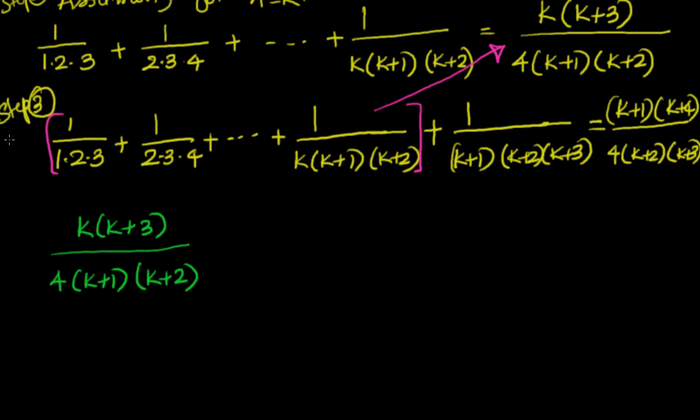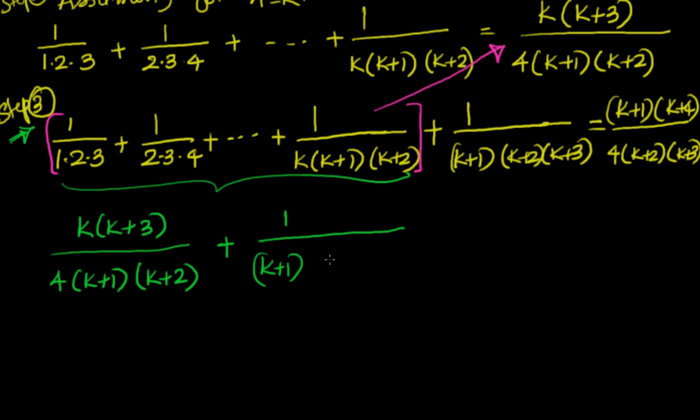Now we are starting from LHS for n equal to k plus 1 and we want to prove that it's equal to RHS. Then we have proven for any value of n, LHS is equal to RHS. We have replaced this whole thing with RHS of n equal to k. Now I have to add the k plus 1th term. What is the k plus 1th term? 1 by k plus 1 into k plus 2 into k plus 3. Now let's take LCM of this.